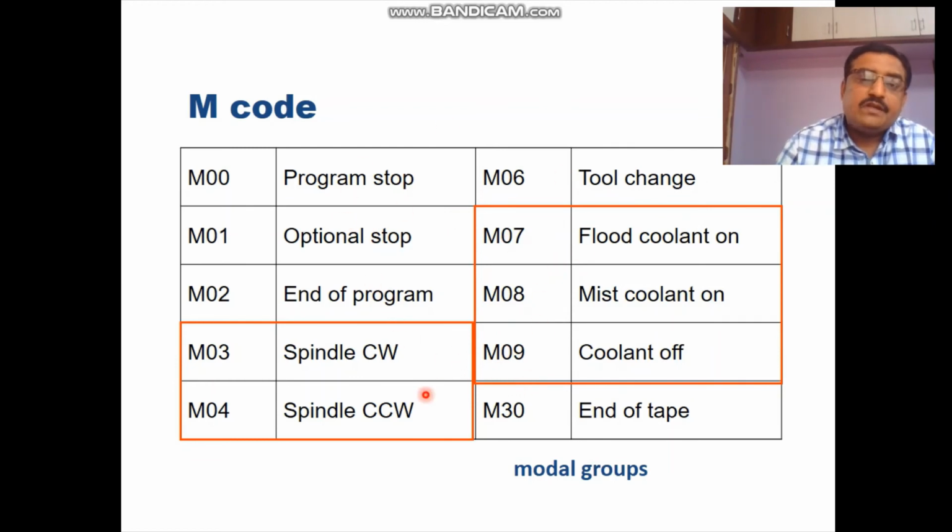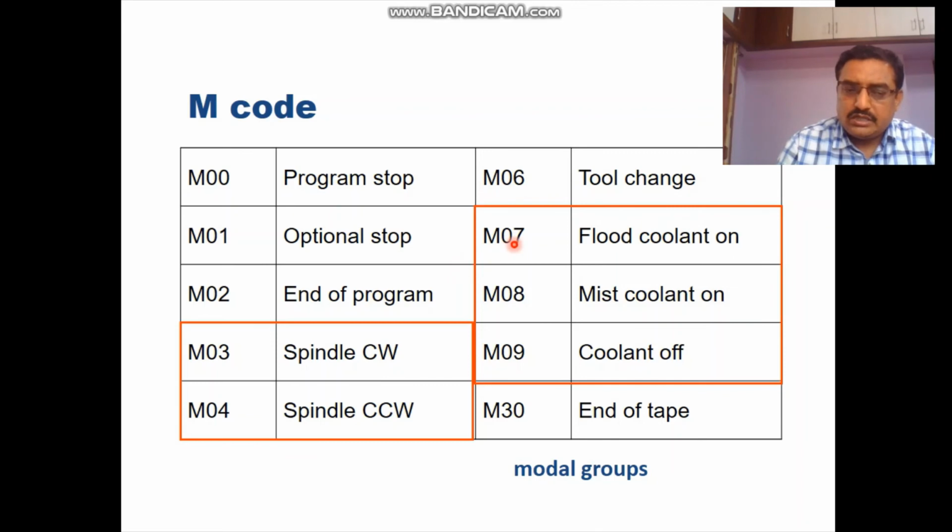To stop the program, M00. Sometimes an optional stop is required, and at that time M01 is used. To end the program, at the end you use M02. Spindle start clockwise, M03. Spindle start counterclockwise, M04. Spindle stop, M05. Tool change, M06.